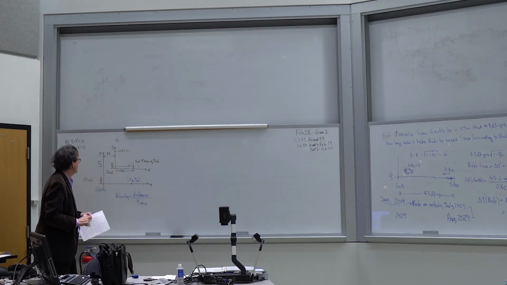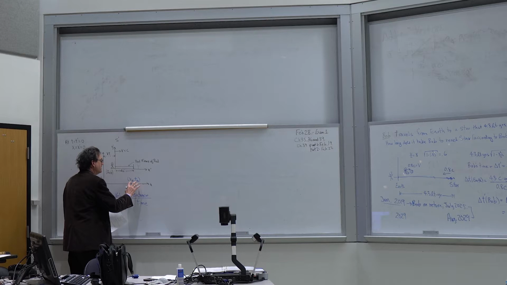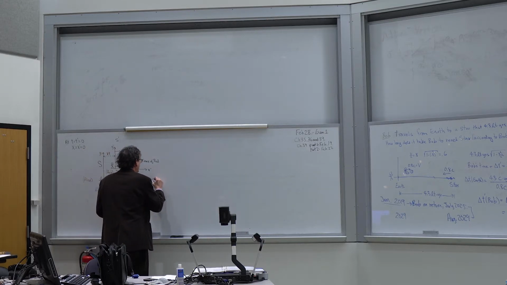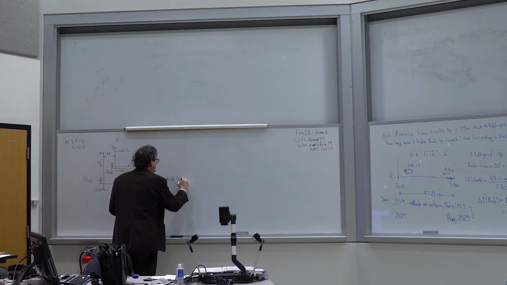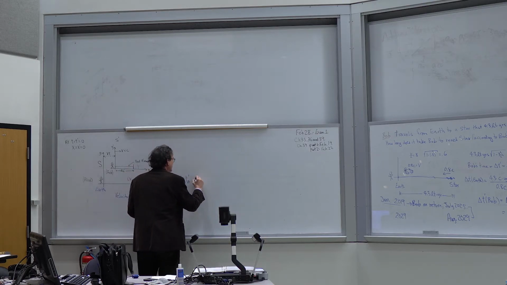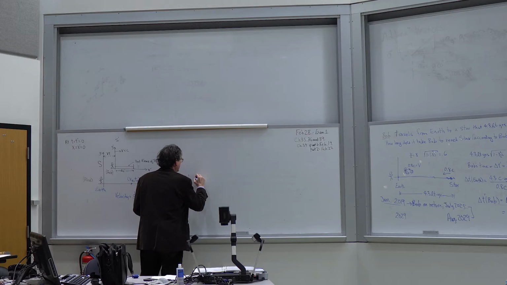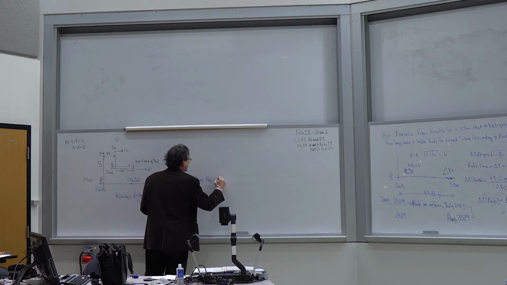So the question is, if I have a certain event occurring in Alice's frame, at which X A prime, T A prime does this occur in Bob's frame?